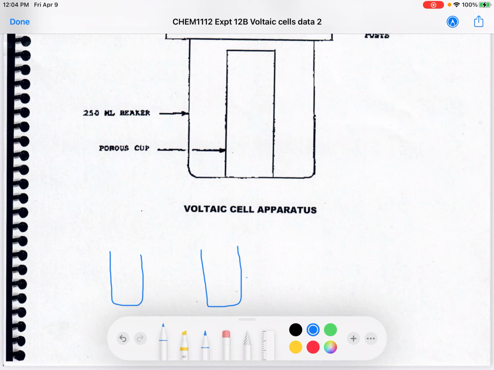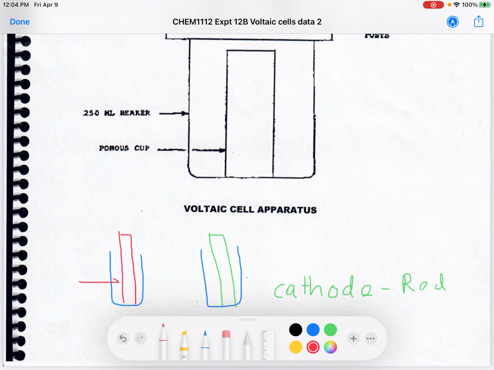Always on the left side we put the anode. So the two electrodes: this red one is going to be your anode, and the green one is going to be your cathode. Cathode is where the reduction takes place, and your red one, the anode, is where the oxidation takes place.